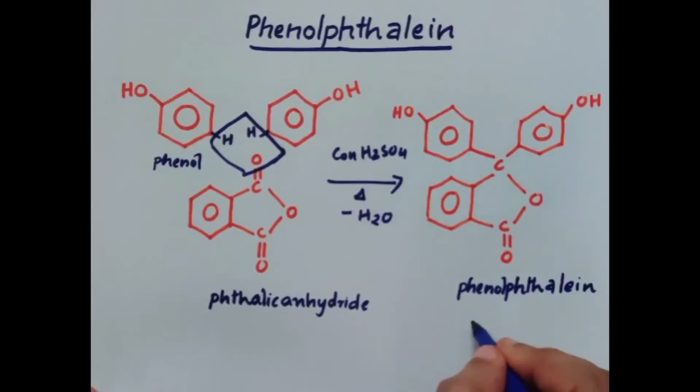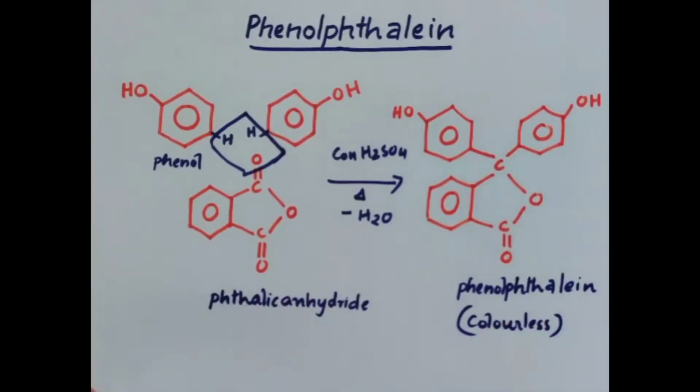This phenolphthalein is colorless. It is prepared by heating phenol with phthalic anhydride in the molar ratio 2:1 in presence of concentrated H2SO4.